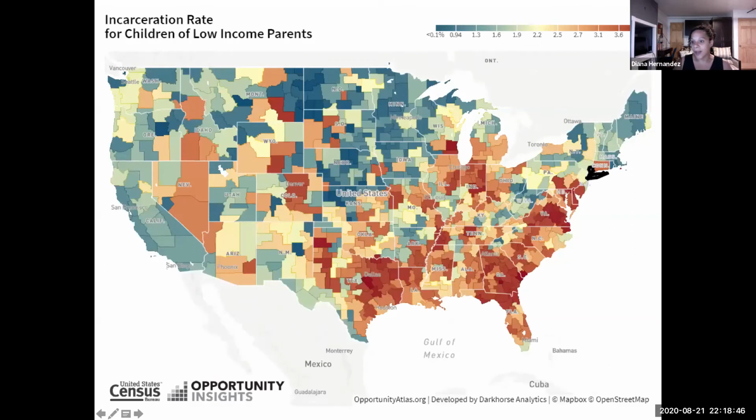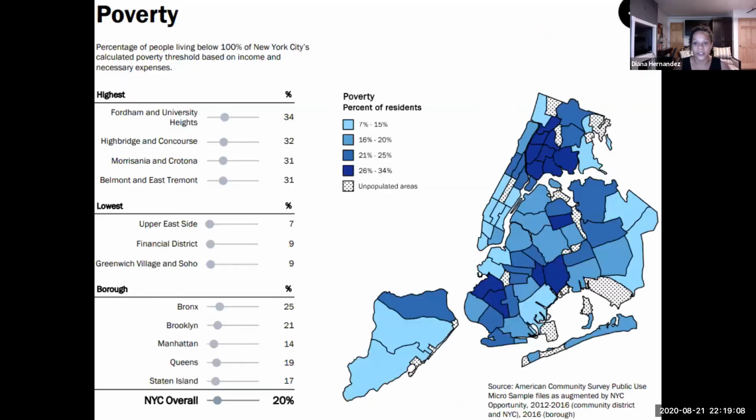Another way of thinking about context in this really broad way is incarceration rate for children of low-income parents, right? And there again, you see an overlap between poverty and this form of disadvantage, which has to do with mass incarceration and who's impacted by mass incarceration. Now, I'm here in New York City, and so a lot of the data that I will share today is based in New York City, and I'm based here in the Bronx.